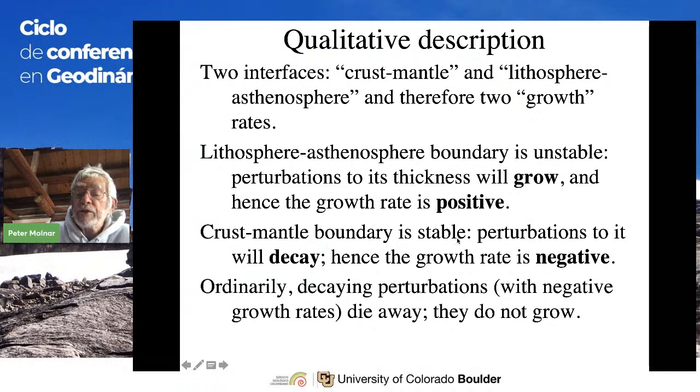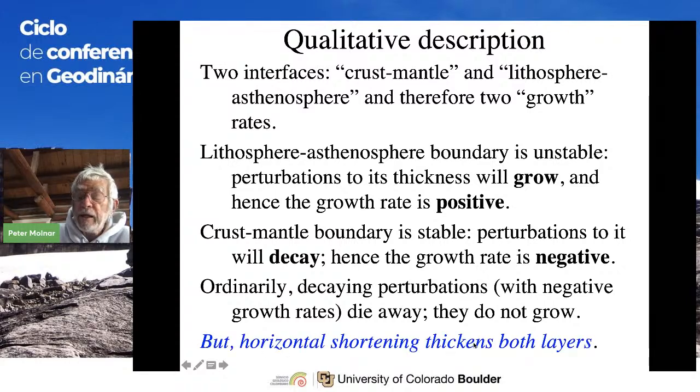If you thicken the crust, it has the tendency to go back to normal thickness. If you thin it, it has the tendency to thicken again. So perturbations to it will decay, and hence the growth rate is negative. And ordinarily, decaying perturbations with negative growth rates die away. They don't grow. We don't have to worry about them. But in this case, the horizontal shortening is thickening both layers.